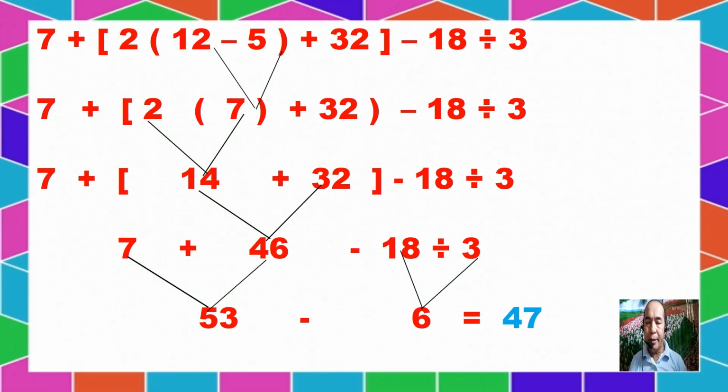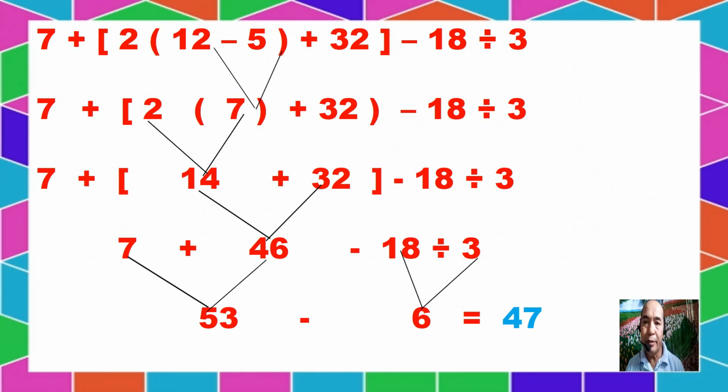Okay, let's solve another example. So, we have groupings. This involves parentheses and braces. So, we have 2 groupings: a parentheses grouping being enclosed by another symbol, which is the brace. This is how to read this one: 7 plus nested parentheses 2 to the quantity 12 minus 5 plus 32 nested parentheses minus 18 divided by 3.